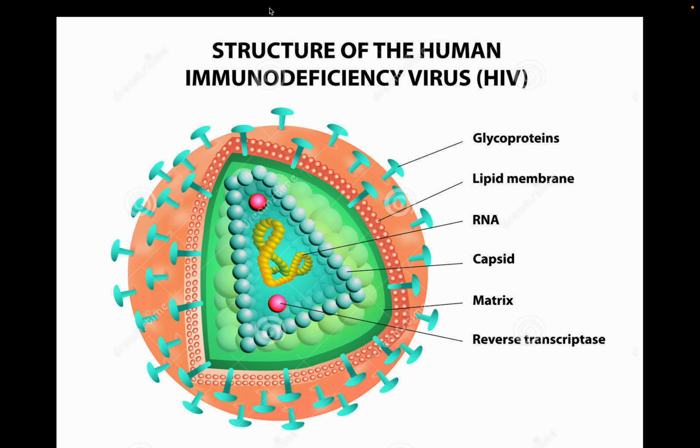For the specific type, HIV-1, the virions have a single-stranded RNA genome within a capsid that is triangular, conical in shape. The RNA genome is less than 10,000 nucleotides long, and the virion particles are 120 nanometers in diameter.